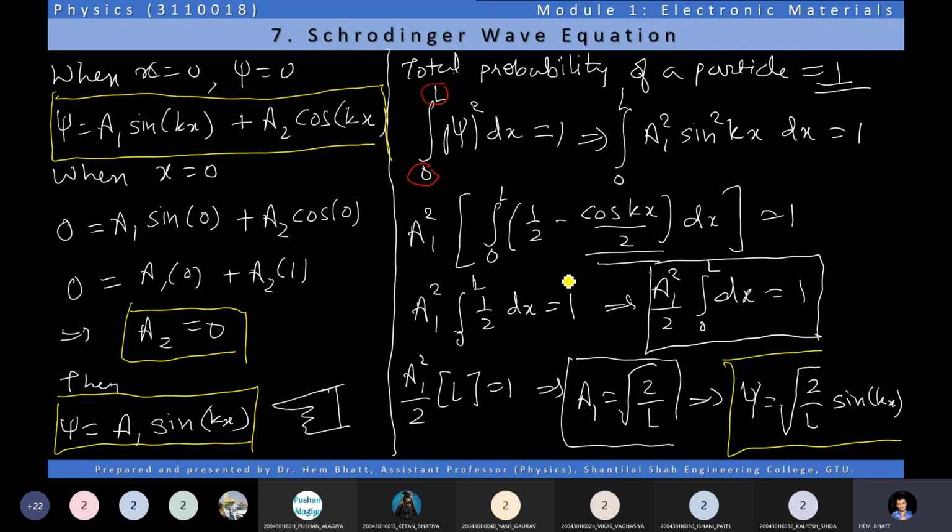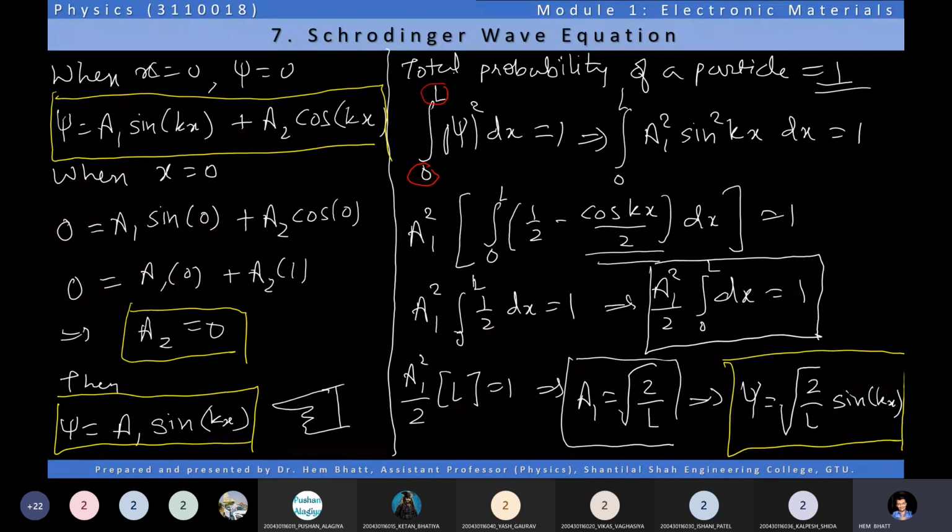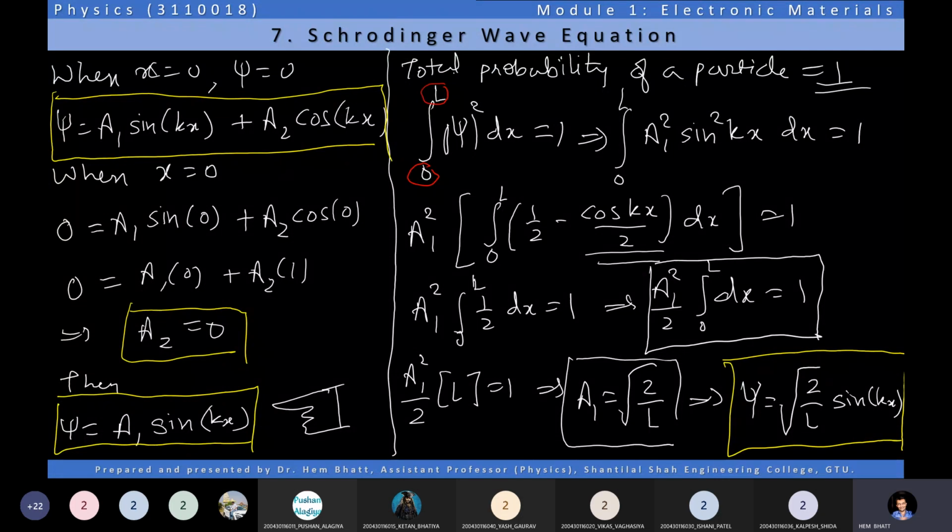So this is called solution of Schrodinger wave equation. Okay, તમારી બુકમાં આ ઇક્વેશન લખી લો. Now tell me if you have any doubt. Any doubt so far?